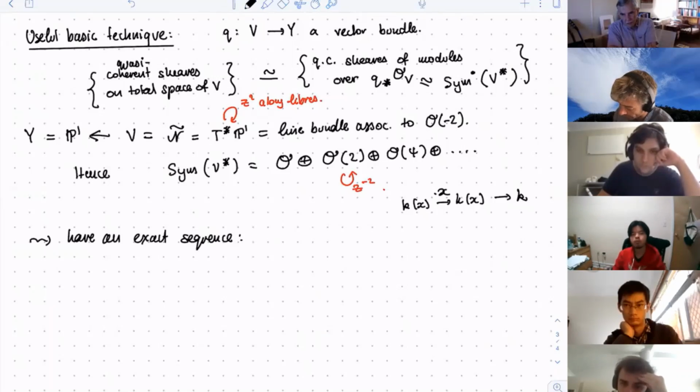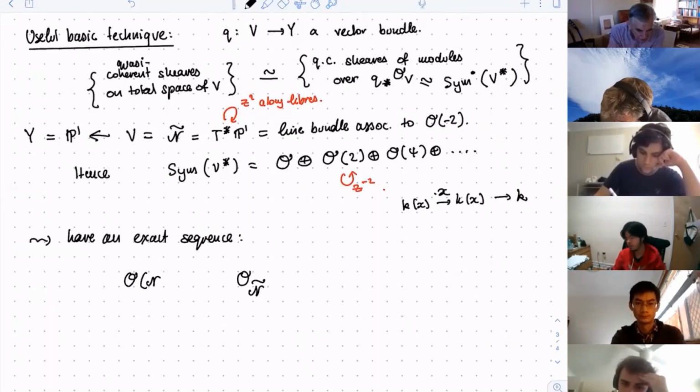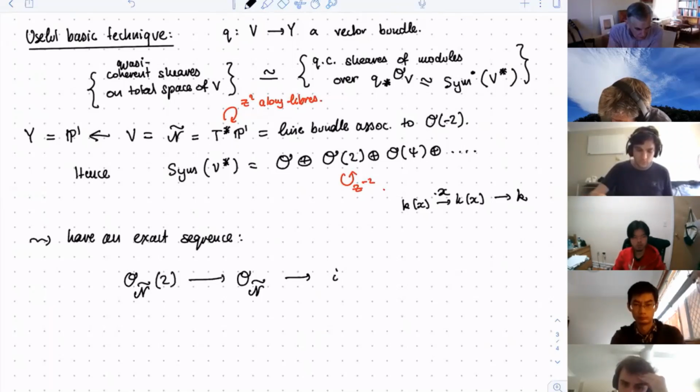And so we have an exact sequence, which is O of n tilde, and here we have a 2, to i lower star of O of P1.